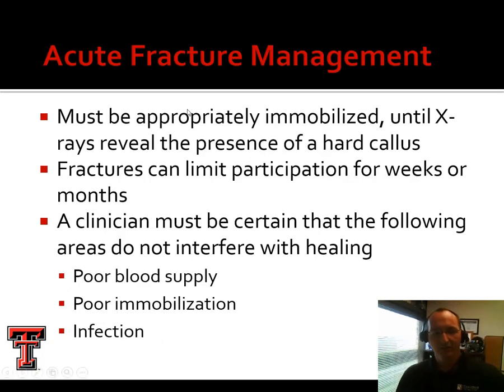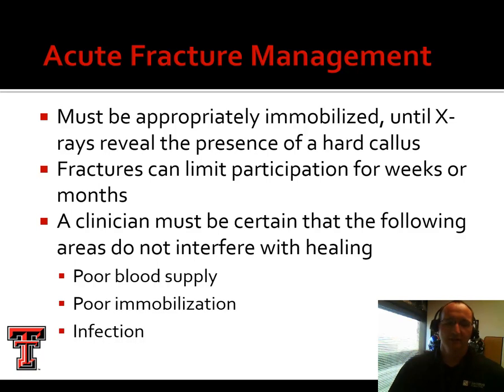Okay, so we have to immobilize a fracture right away, and that has to be present until that hard callus is there. In most instances, that's going to be a fiberglass or even a plaster cast. We don't use a lot of those anymore, but in some instances it may be a removable splint.